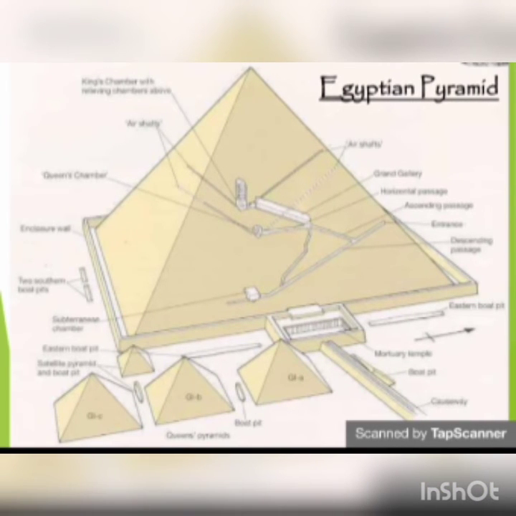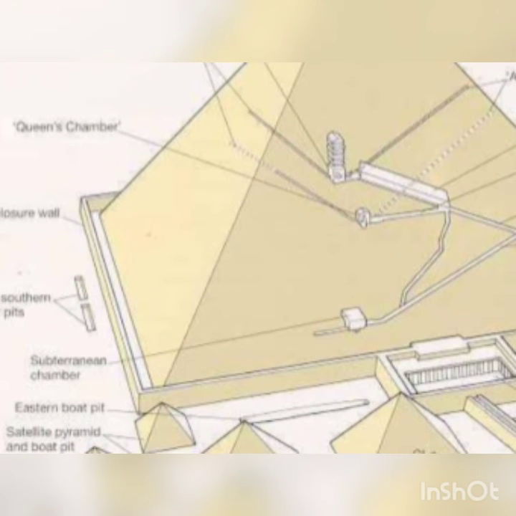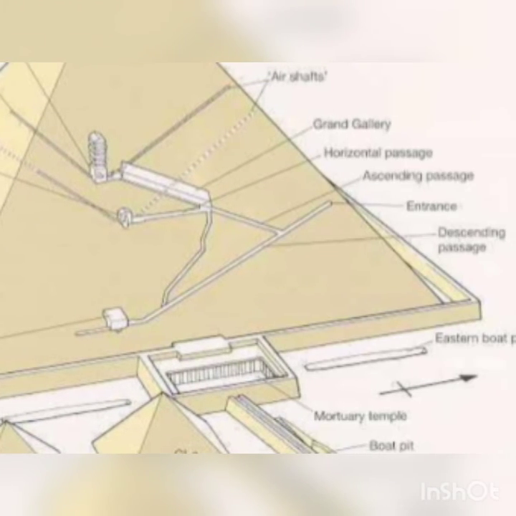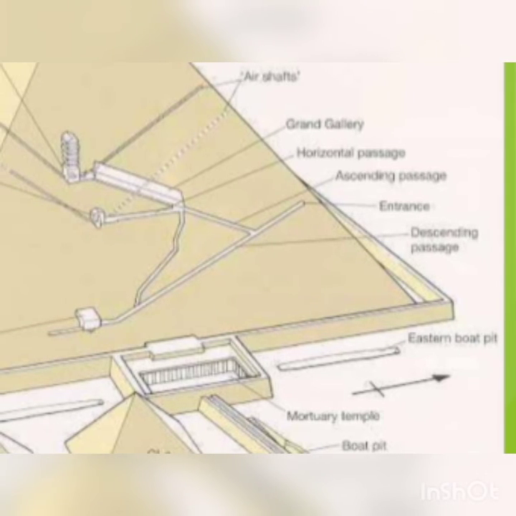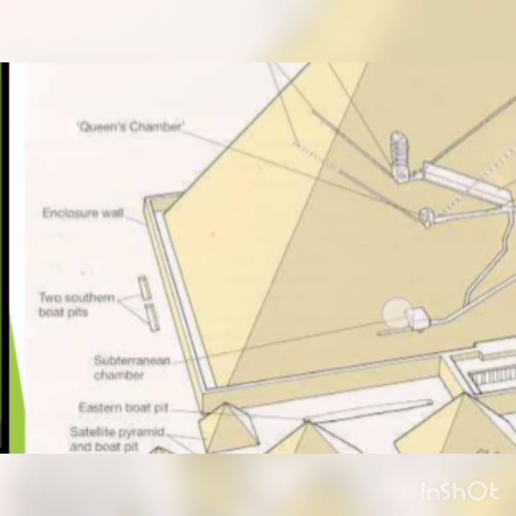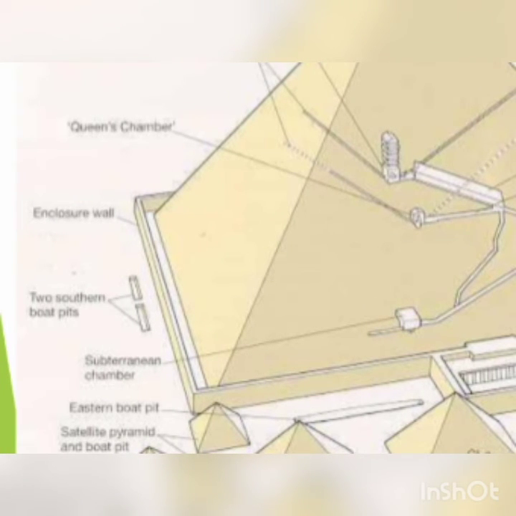Okay. And see, this is the Egyptian pyramid. See the air shaft, the grand gallery, horizontal passage, entrance, descending passage. So it was the king's chamber with relieving chambers above, and the queen's chamber.